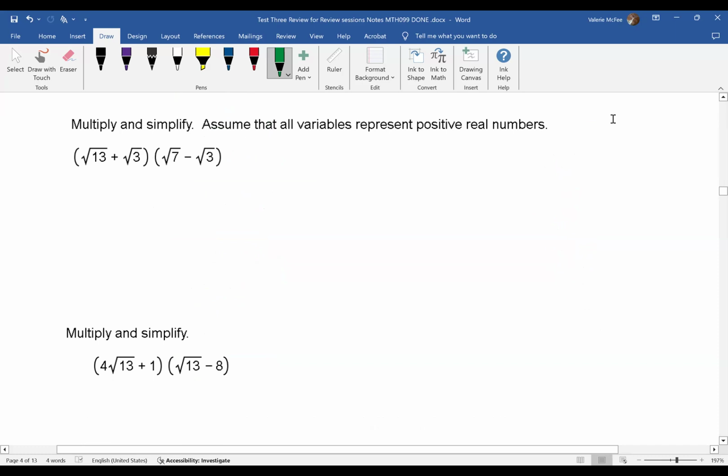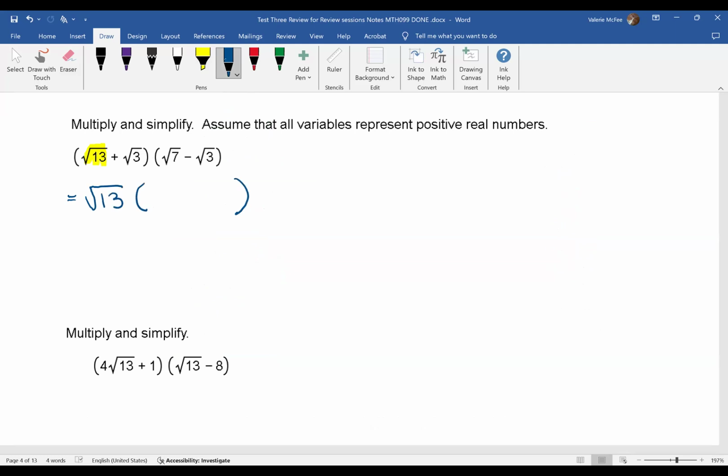We're multiplying binomials. That means that each term in the first bracket, the root 13, is going to multiply the second bracket, and then plus √3 is going to multiply the second bracket.